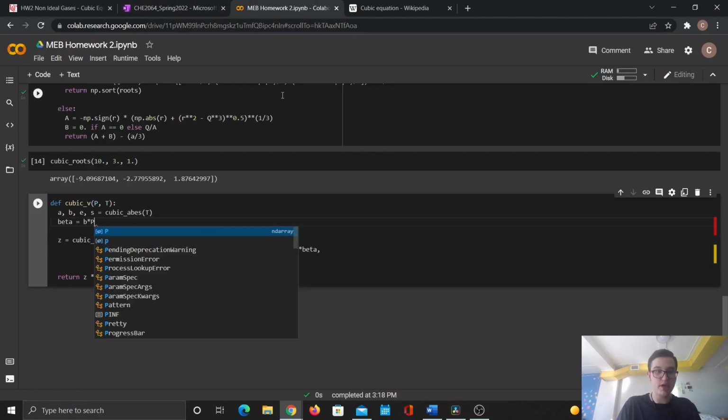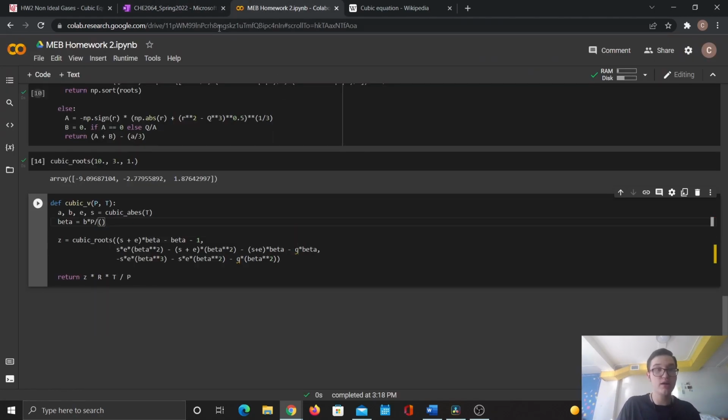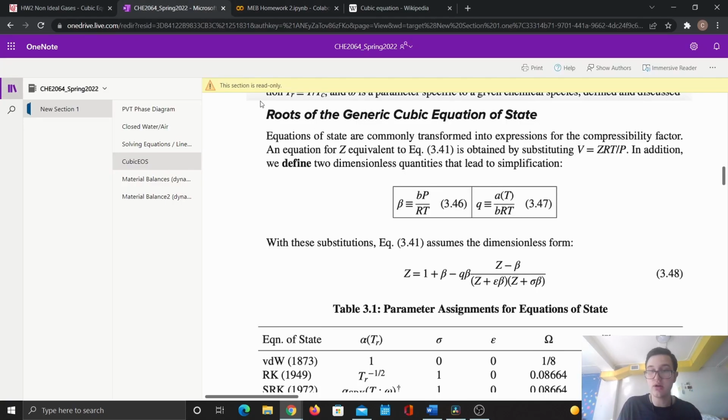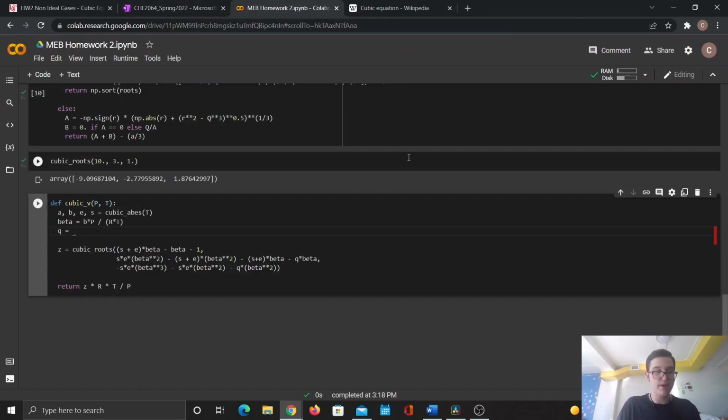So b times p divided by r times t, then I'm going to space those out. And we also know q, so q is equal to a divided by b times r times t. Space those out. And we should have our z value, we should be able to return it, shift enter.